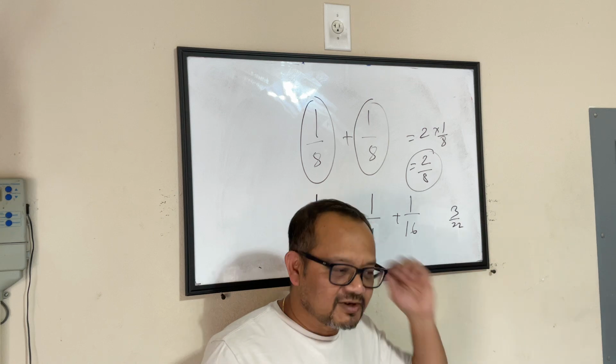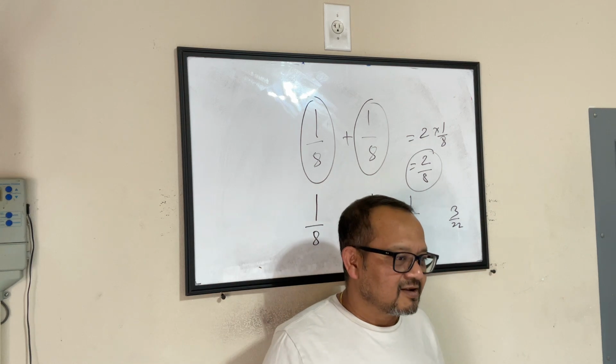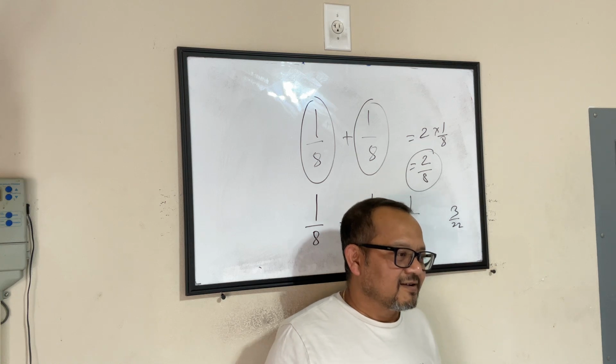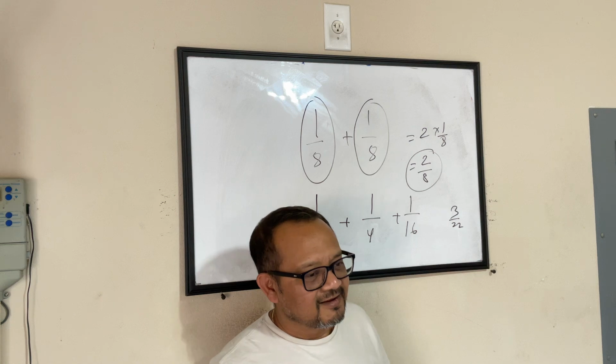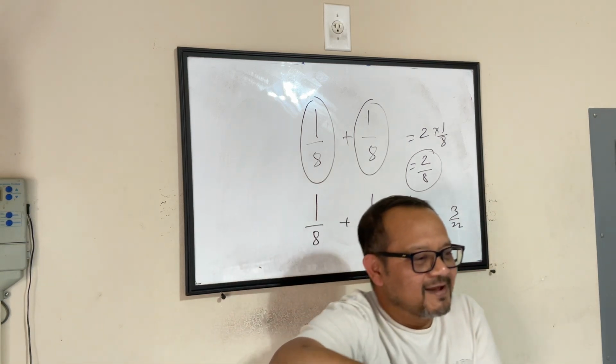Yes, Sammy, let's see what Sammy has to say. I got 5 over 16 because 8 and 4 have one number in common and that's 16, and since 16 is already there. 8 times 2 makes 16. So you multiply the numerator by 2, so it's 2. And then 4 times, I got my numerator wrong in the answer.